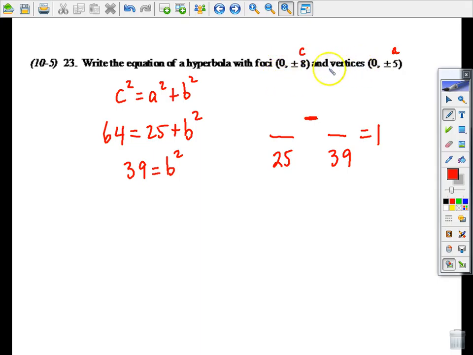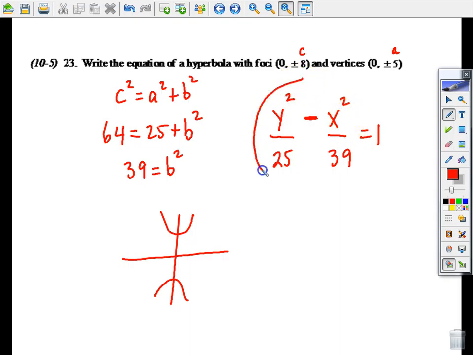And they're both on the y-axis. So that tells us that if this were graphed, it would look something like this. The two curves would cross only the y-axis. So y squared needs to be the first variable, followed by x squared. So that is my answer for number 23.